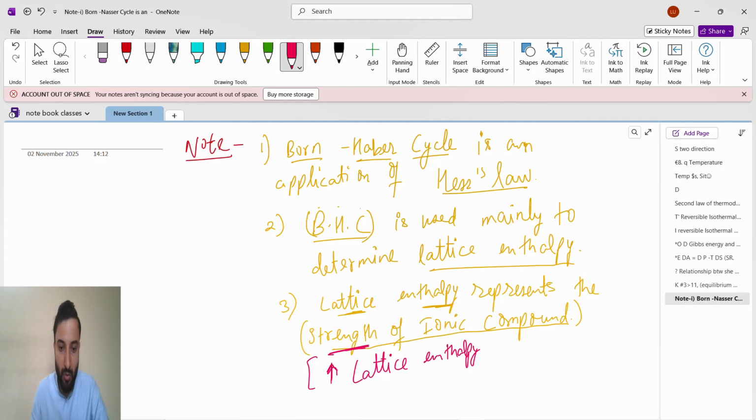So this means higher lattice enthalpy means a more stable ionic compound.